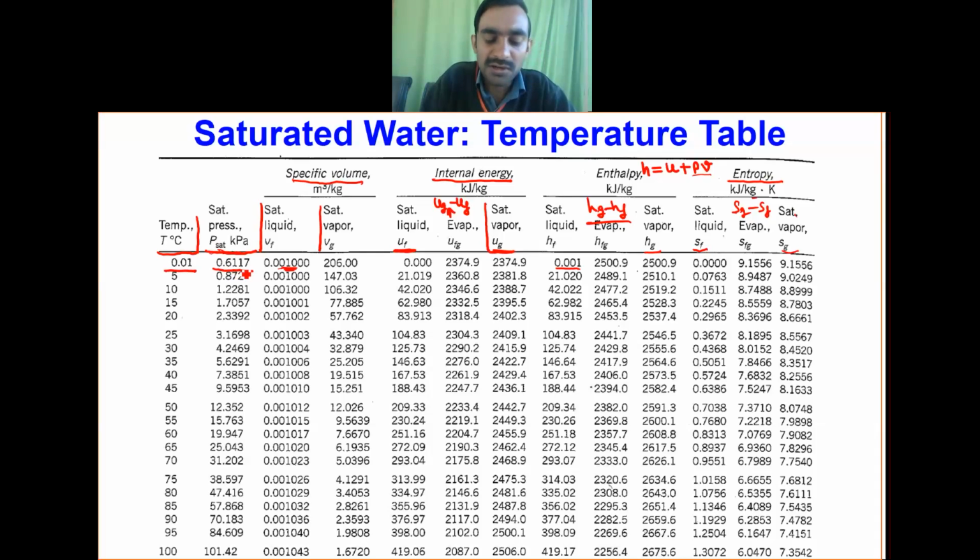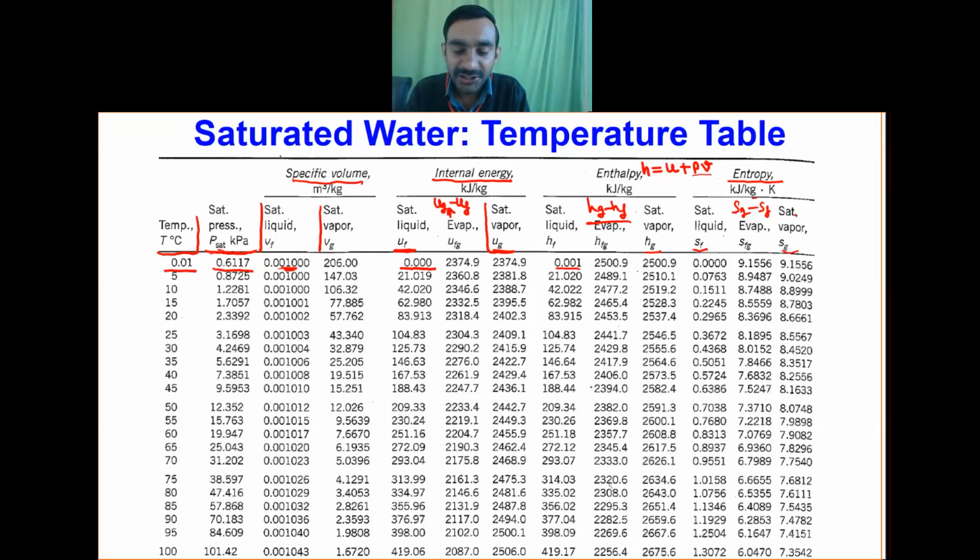This temperature 0.01 degrees Celsius and 0.61 kilopascal is our triple point of water, and corresponding to it we say that the energy content of that mass of water is equal to 0. So that's why we have specified the energy in the liquid state corresponding to this particular point as equal to 0. Okay, so the reference point of our steam table is our triple point of water.